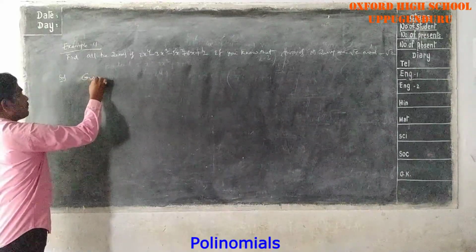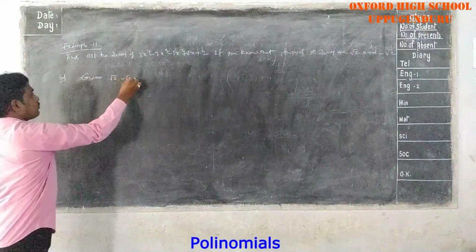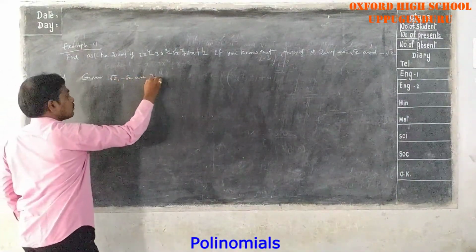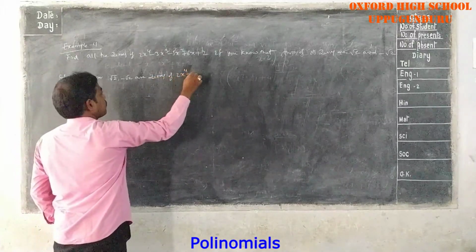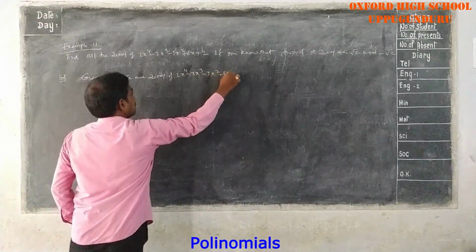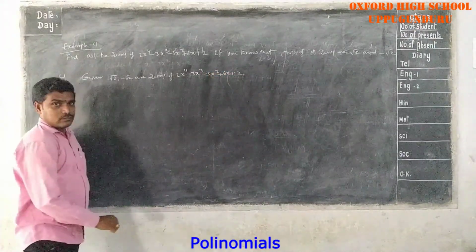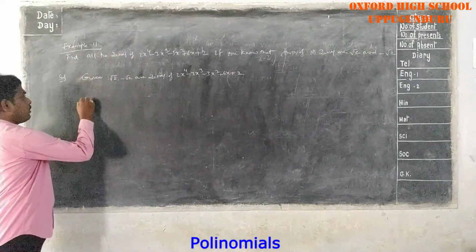So given root 2 comma minus root 2 are zeros of 2x power 4 minus 3x cube minus 3x square plus 6x plus 2. So to find quadratic polynomial, what you can find?